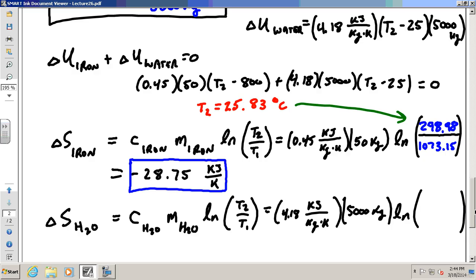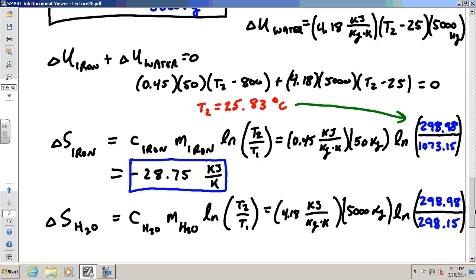pretty much the same. I mean, they're very close. Obviously, they're not exactly the same. But the final temperature of the water is the same as the final temperature of the iron. That's the 298.98. The initial temperature of the water is 25 degrees Celsius, plus 273.15. So that's going to be 298.15.